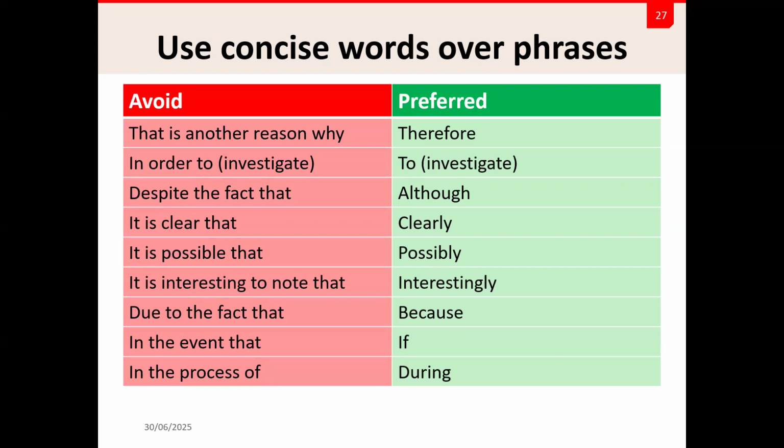"It is clear that" becomes "clearly," "it is possible that" becomes "possibly," "it is interesting to know that" becomes "interestingly." "Due to the fact that" becomes "because," "in the event that" becomes "if," and "in the process that" becomes "during." These are very simple words that you can use over the other phrases.